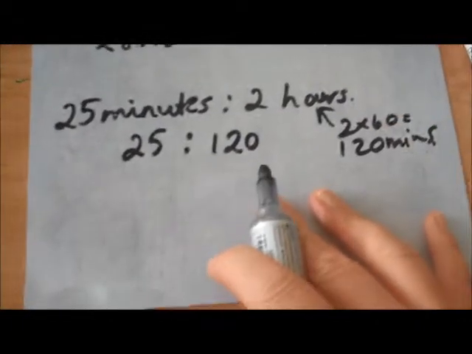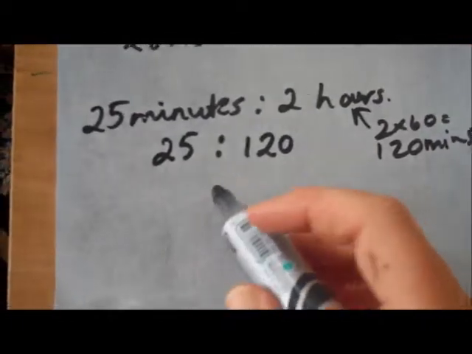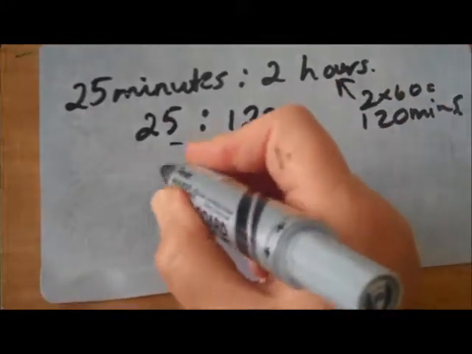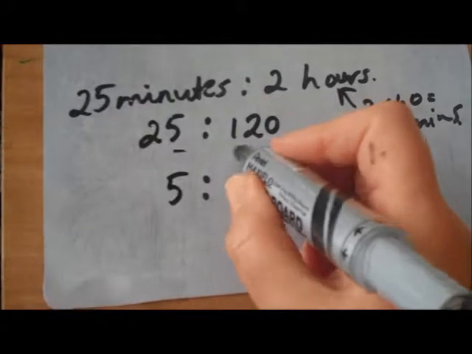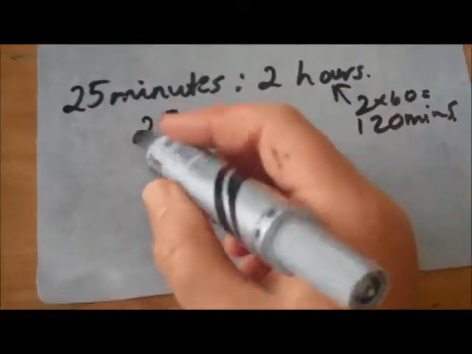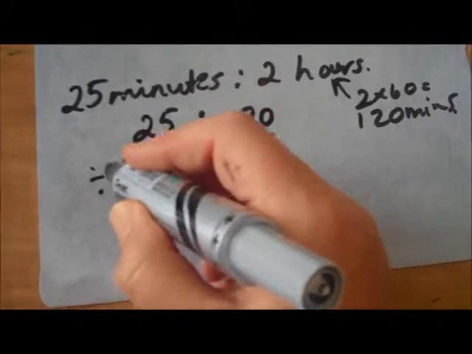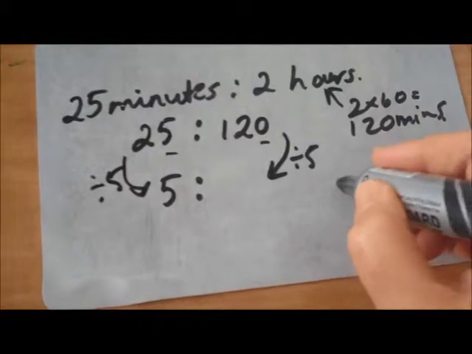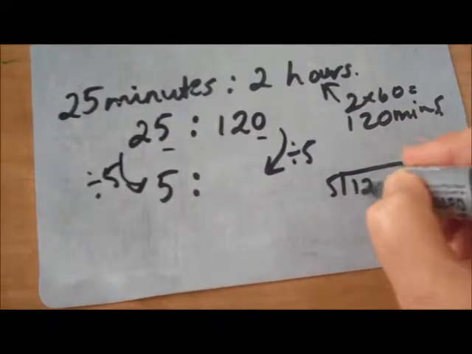Yep. Now you can simplify it just as you normally would. Well, what number, if it's got a 5 and a 0, well, let's do it by 5. So how many times does 5 go into 120? Divide by 5, divide by 5. Let me do it over here if you can't think of it straight away.